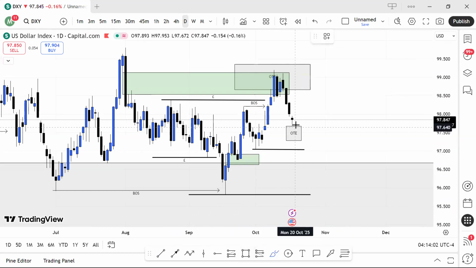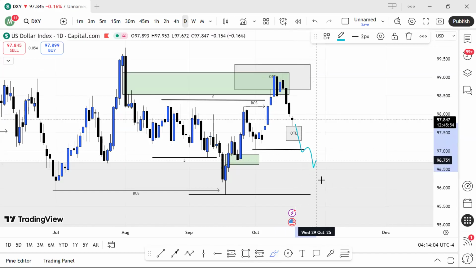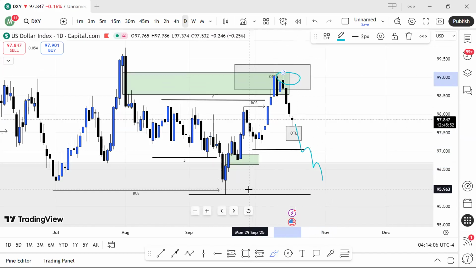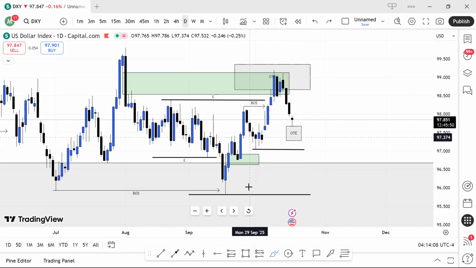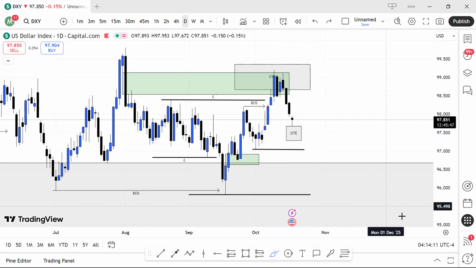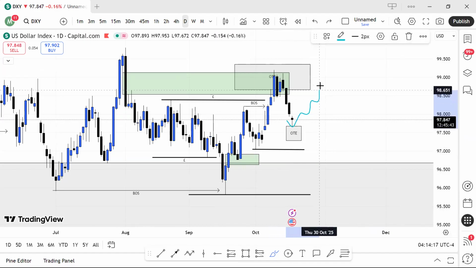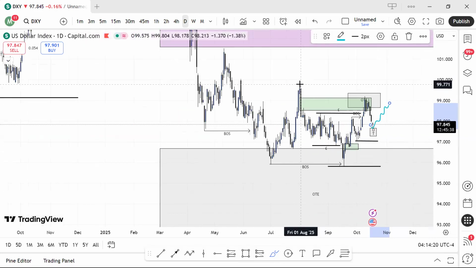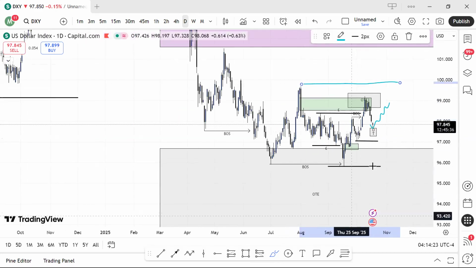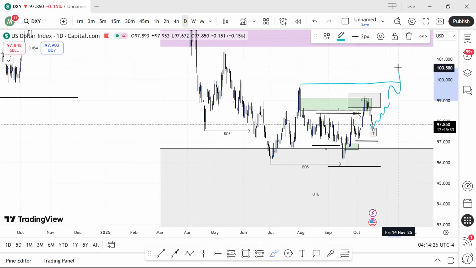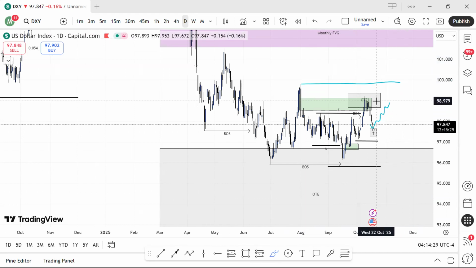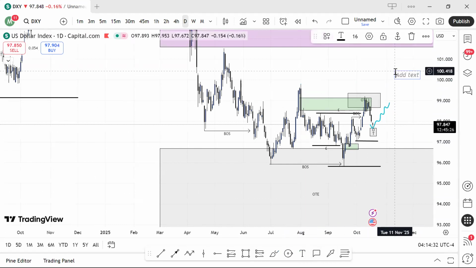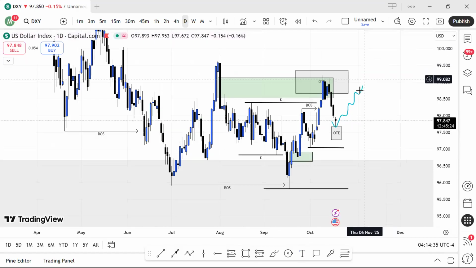So if the market took out this low, then you're going to see that we are respecting this OTE targeting the previous lows. But if the market respects this OTE and keeps pushing to the upside, then you're going to see that the market is typically trying to take out the previous high, which is here, and then we're going to expect some continuation to or within those monthly bearish value gaps that we've seen before, something like this.